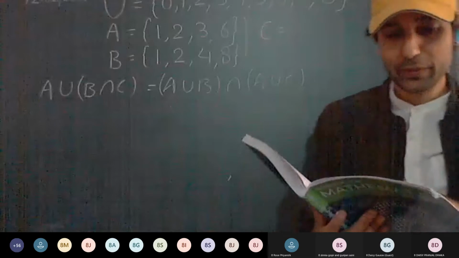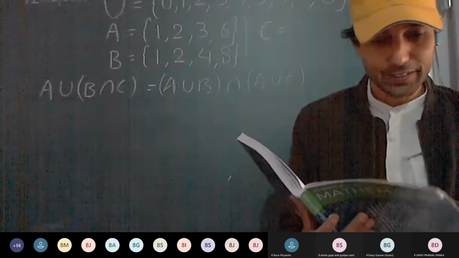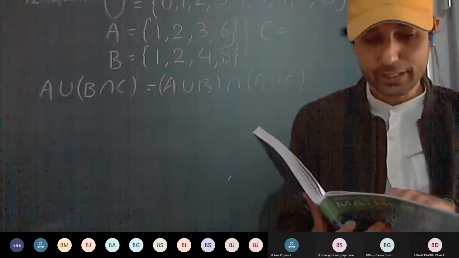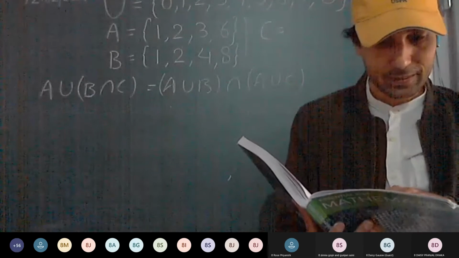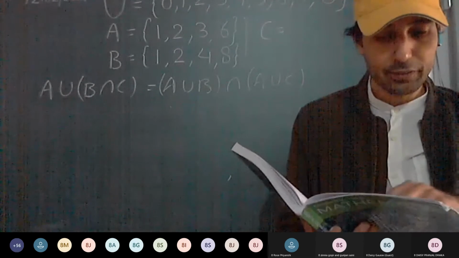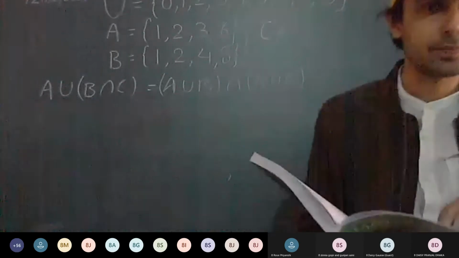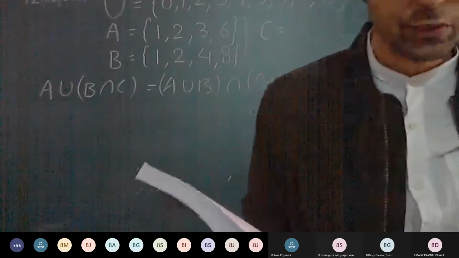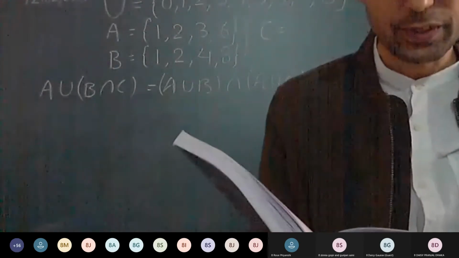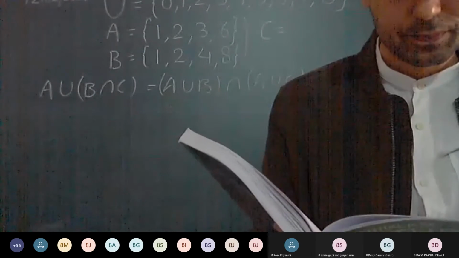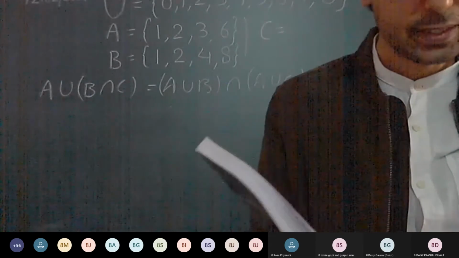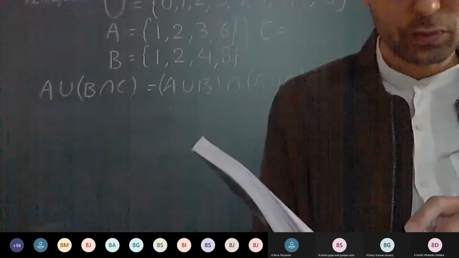In the question, C set is not provided. So C and D we won't be able to verify here. In this fourth question, we won't be able to verify. A set is given, B set is given, C set is not provided.